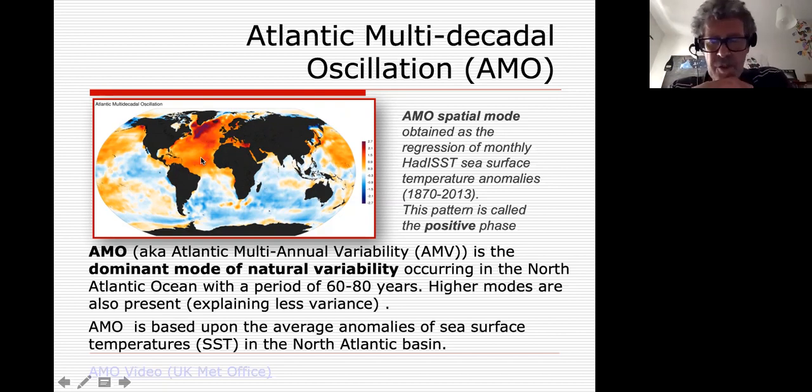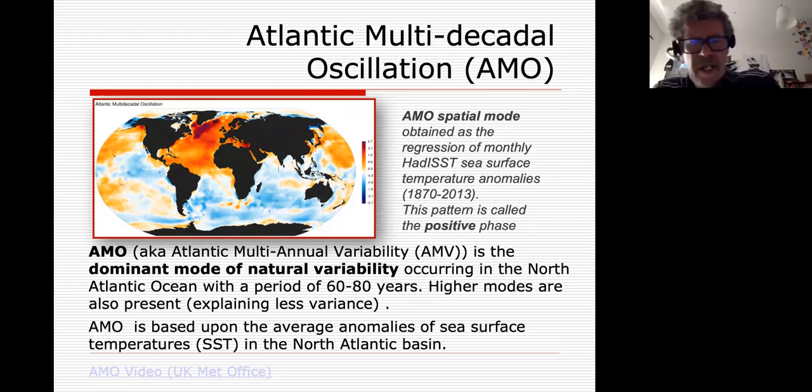This is called the positive phase of AMO, and is obtained by a long reanalysis of the surface temperature obtained by the Hadley Center in the period of 1870 to 2013. This is the spatial mode, so it's the first EOF of the analysis of this long-term sea surface temperature anomaly.